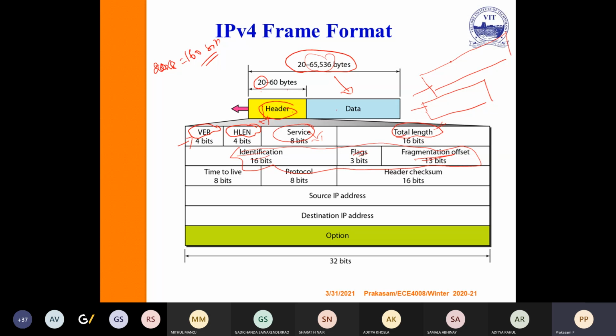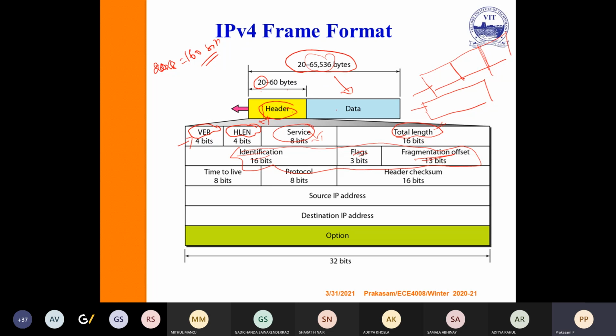We can divide it into different data fragments. So fragmentation is, if the length of the header or data is higher than what IPv4 allows, we break the data into small segments. That process is called fragmentation.